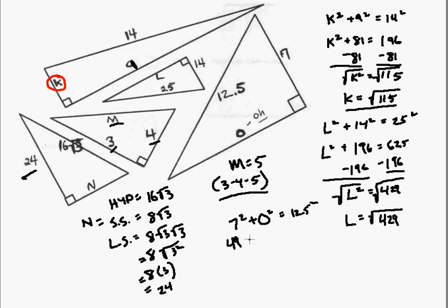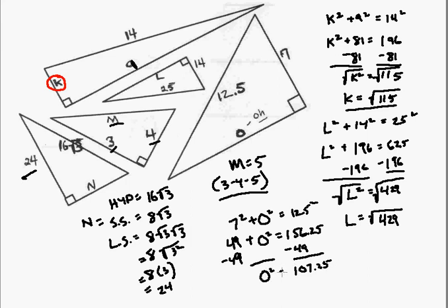So I have 49 plus O squared. 12.5 squared is 156.25. So if I subtract 49 from both sides of the equation, I get 107.25.